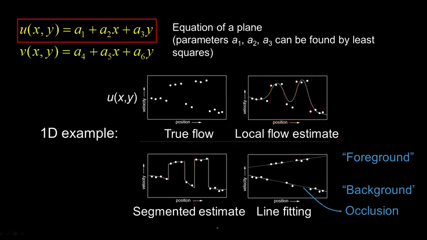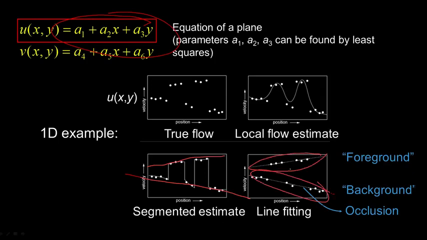Then I take a look at the segments and ask which segments seem to be along the same plane, and it's planar because of this affine equation. When you do that, you automatically separate out the foreground motion from the background motion just by fitting, it says line fitting, but essentially by fitting the affine plane to what's going on there.